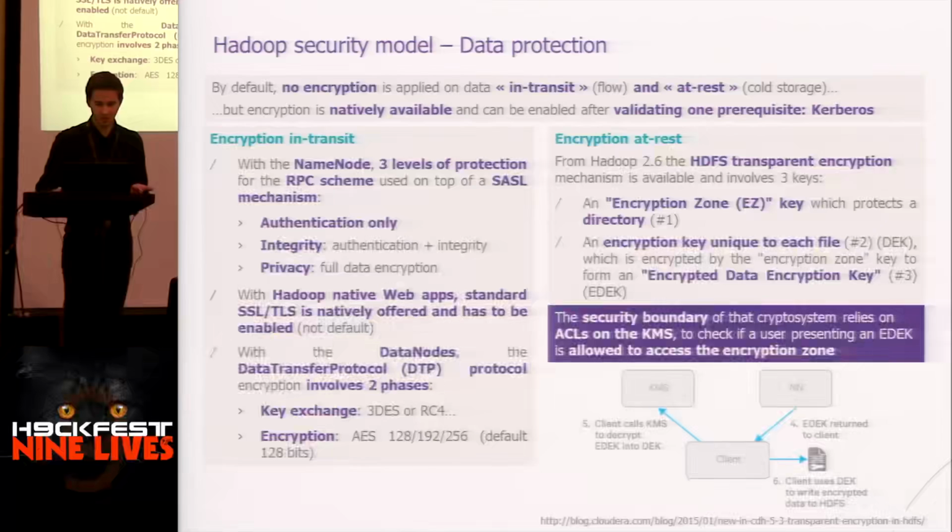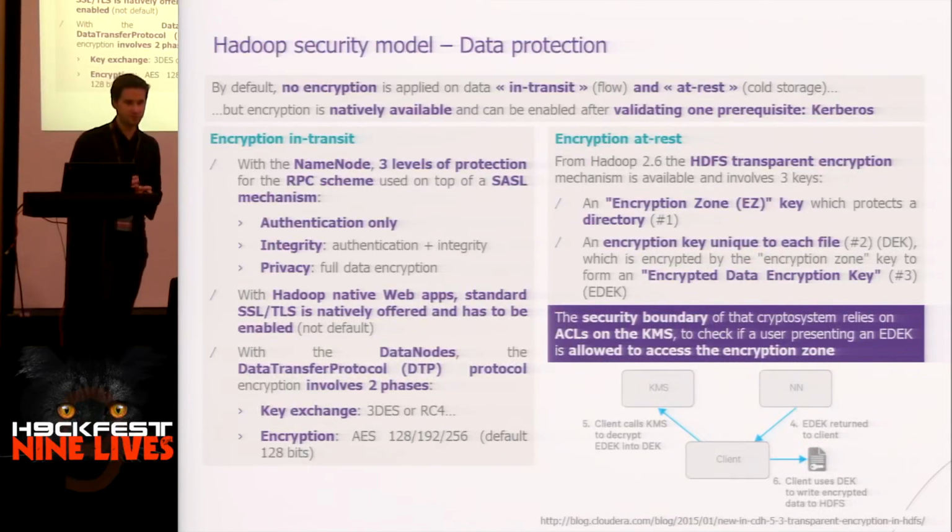That's pretty simple. I hope it's not complicated, but everything relies on ACLs, on the KMS. Nothing new in 2017. So if you can pwn the KMS, which is a standard server, I'm not talking about HSM, you have access to everything. It's not about cryptography, it's just about ACLs. You just have to understand it.